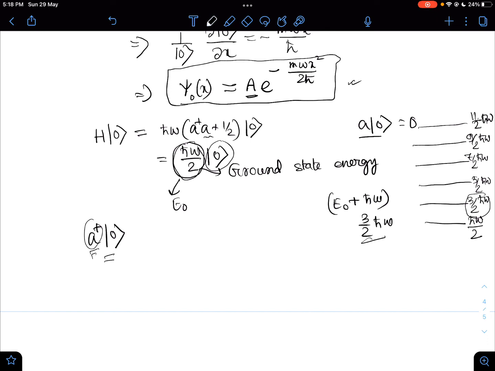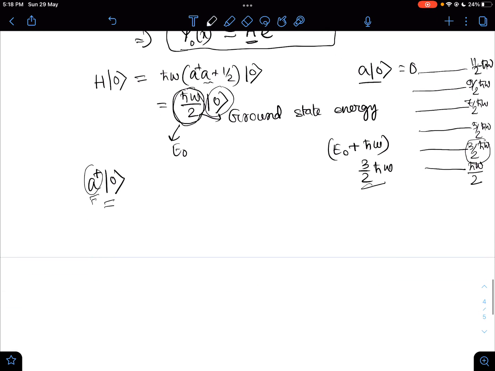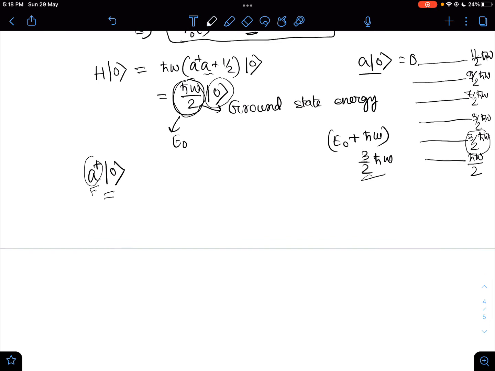So how will we proceed? What will be the first excited state? Suppose this is our ground state and we are applying this A dagger on |0>, and this is our normalization constant. Multiplying this with this, we get the first excited state, which is normalized.